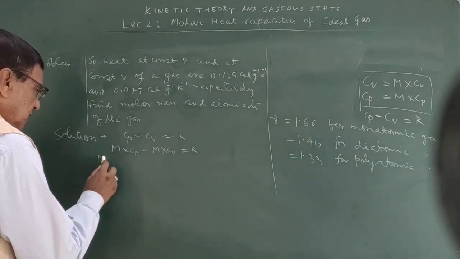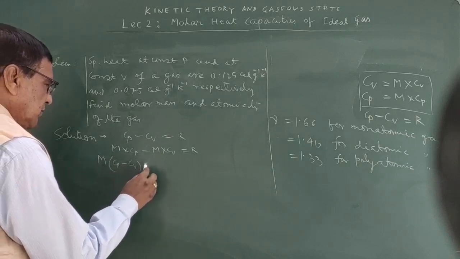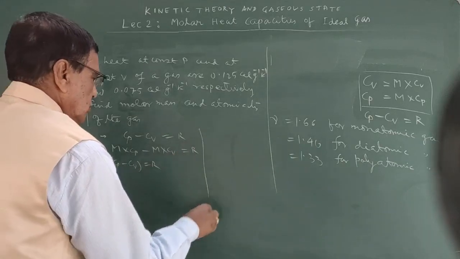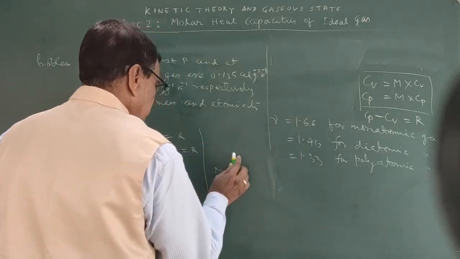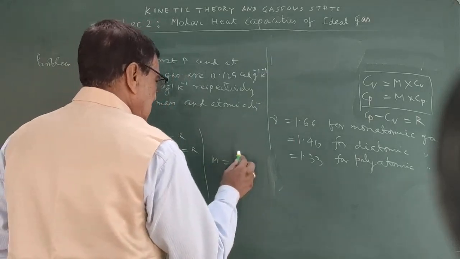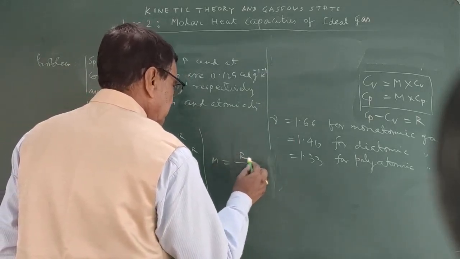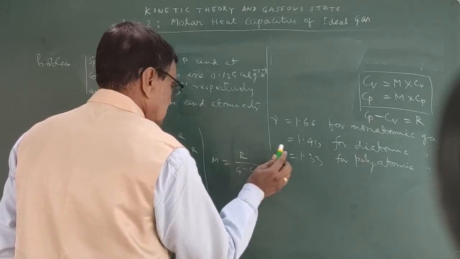So M, taken common, times small cp minus small cv equals R. So M equals R by small cp minus small cv.